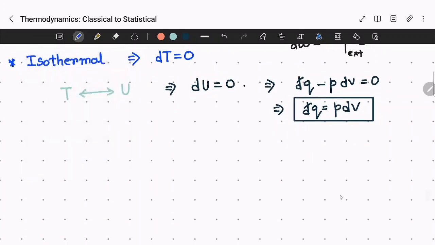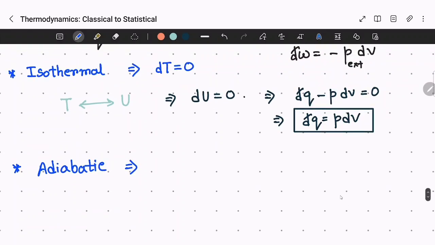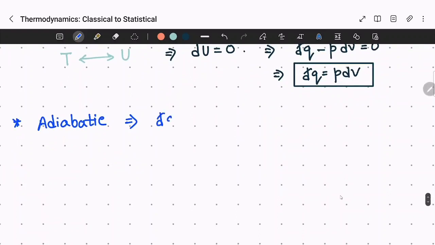Let me go to the second one, adiabatic. Adiabatic means the system is isolated. That means the system is not interacting with the surroundings through heat. It will not exchange heat with the surroundings. If that is the case, then obviously d cross Q is 0.